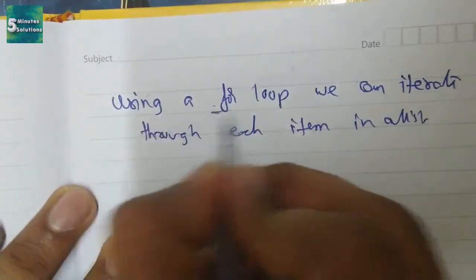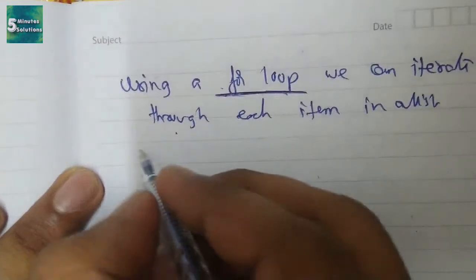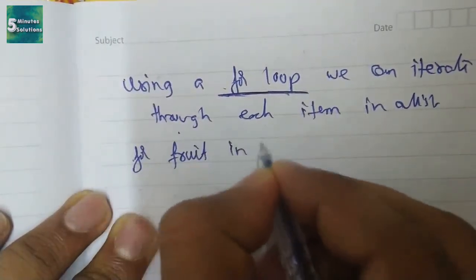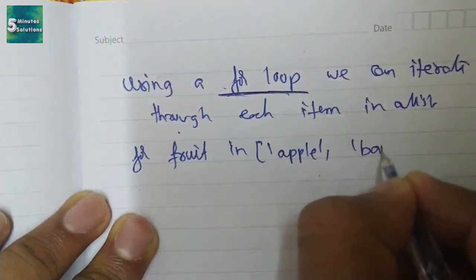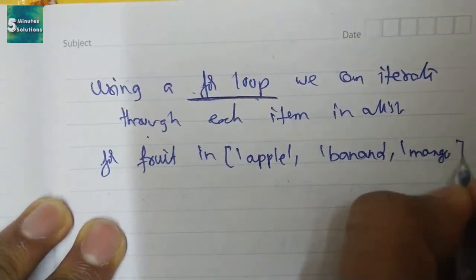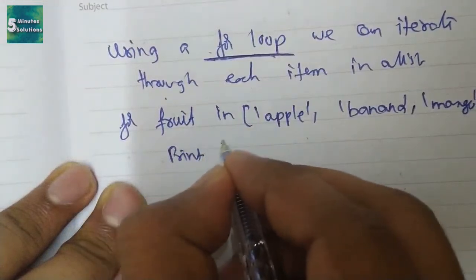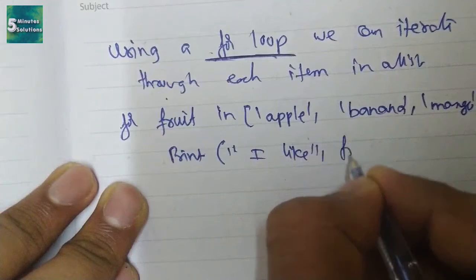For example, for fruit in apple, banana, mango, then just write print I like fruit.